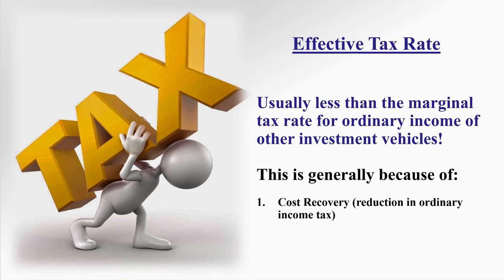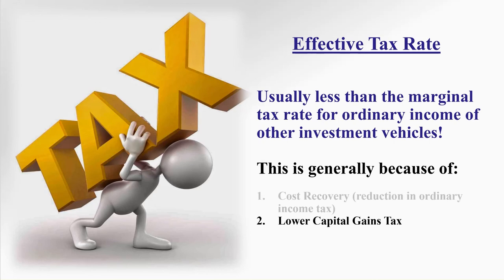One is your cost recovery, recapture, which reduces the ordinary income tax. Two, it's because of lower capital gains tax at the time of sale. Because even though the cost recovery results in greater capital gains, the gains are taxed at a lower rate and are not taxed until the property is sold.